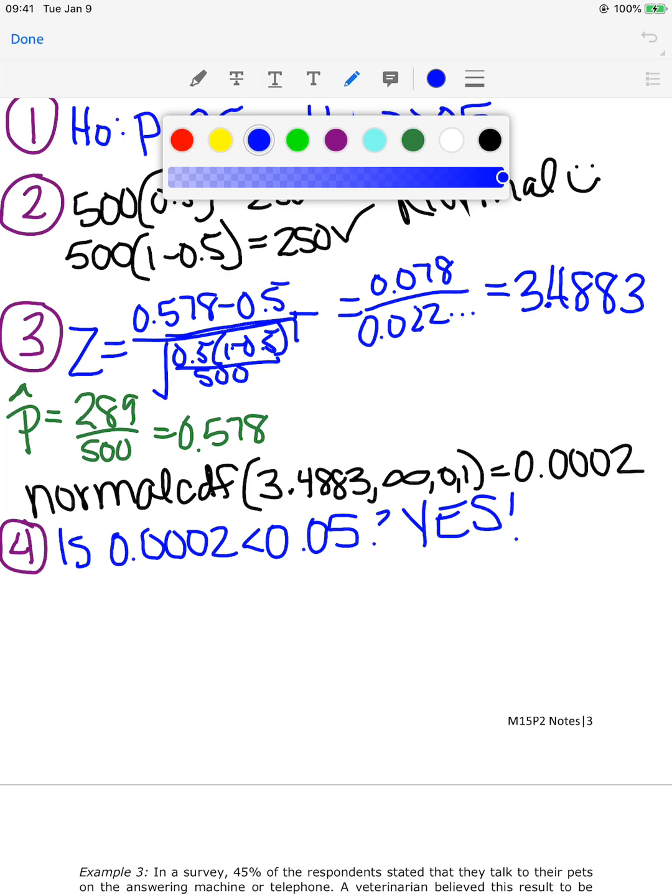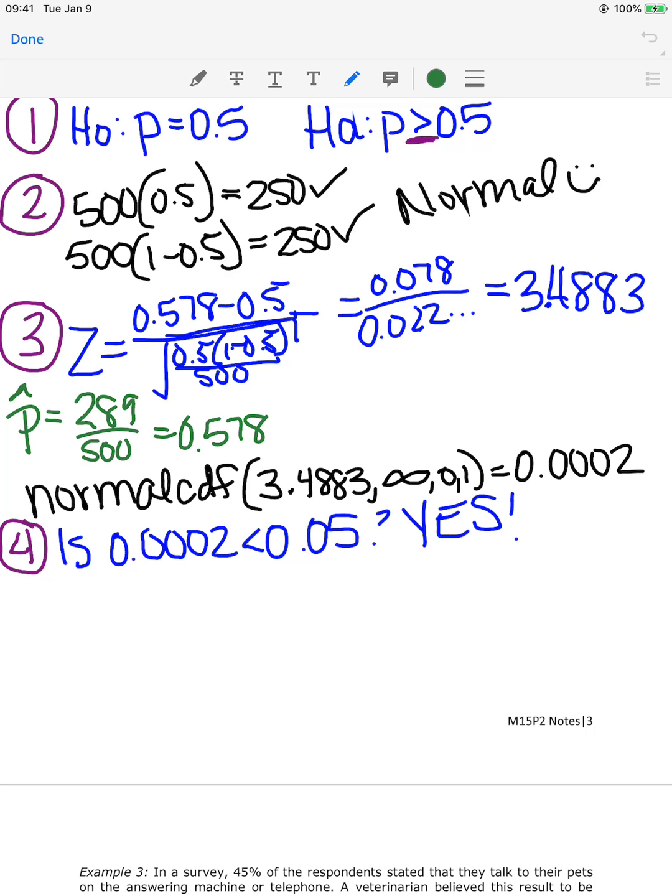So we're going to go ahead and reject the null hypothesis. So reject the null, because the probability that I got the result that I got, assuming half of the students are prepared for college algebra, was too small. It was too small of a probability for me to have seen this proportion of students be ready.